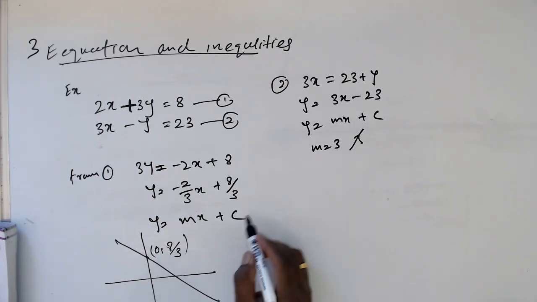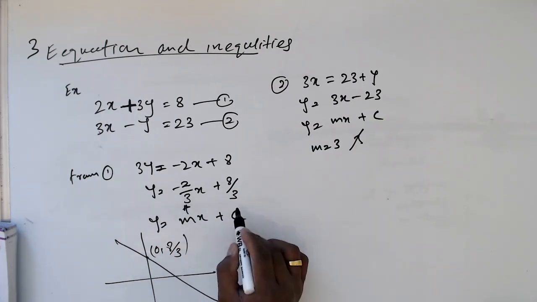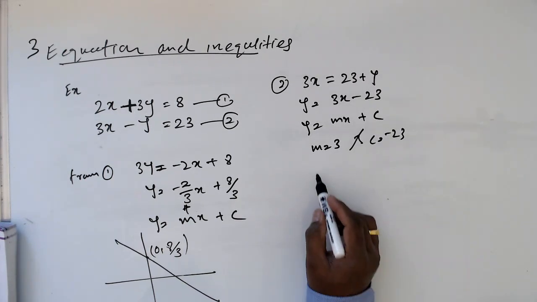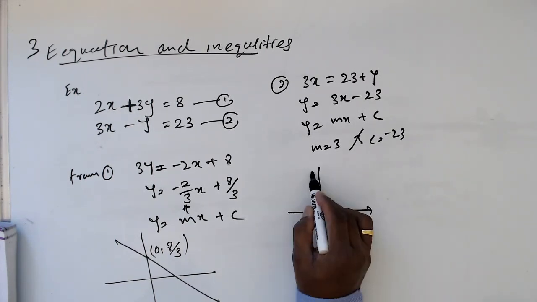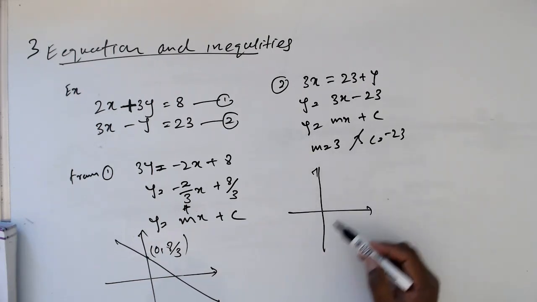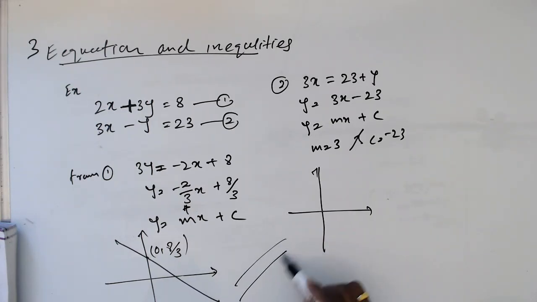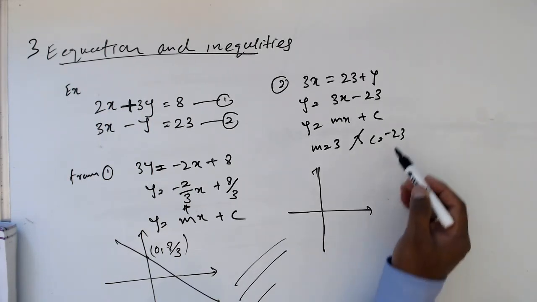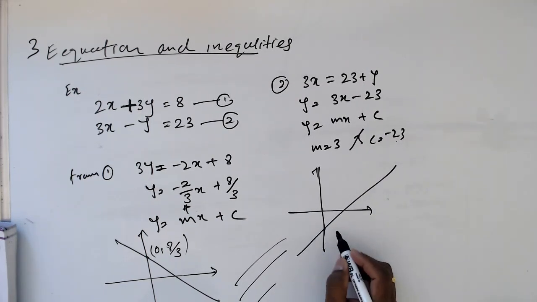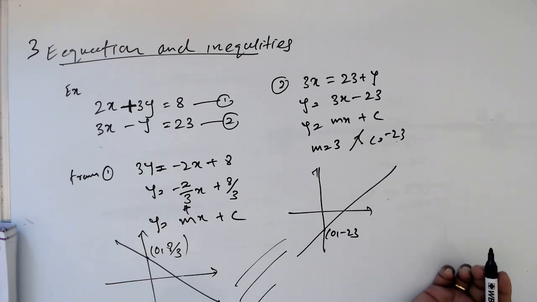For the first one, m is minus 2 over 3, and c is 8 over 3. So the second is going to be a positive gradient, it should go in this form, and it has a negative y-intercept. It means something like this. So this point is 0, minus 23, and it goes something like this.